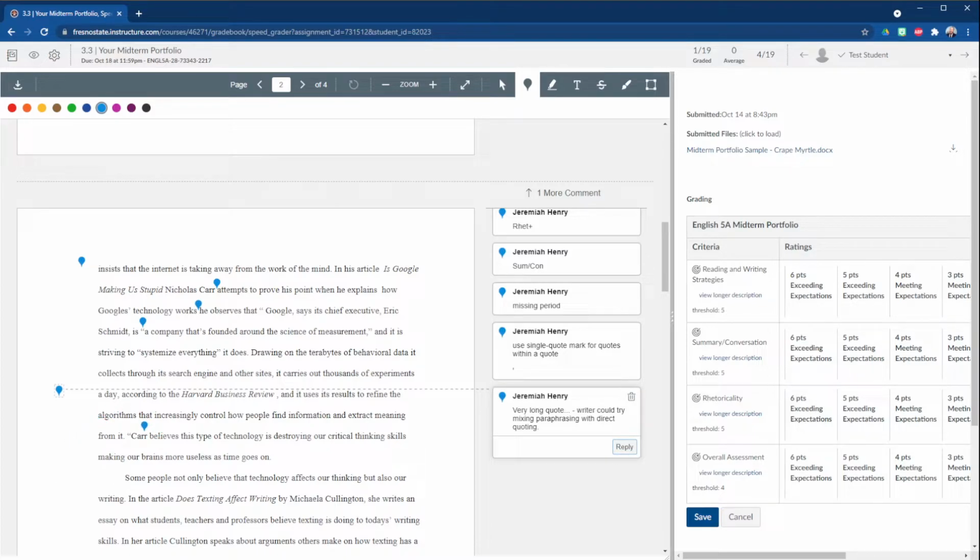I really, really like this rhetorical move at the end of this paragraph, though, where the writer has not just left this long quote to kind of speak for itself. The writer has included at least one sentence after the quote to kind of explain what the writer takes this quote to mean. That comes straight out of one of the textbooks that we use in English 5A and English 5B at Fresno State.